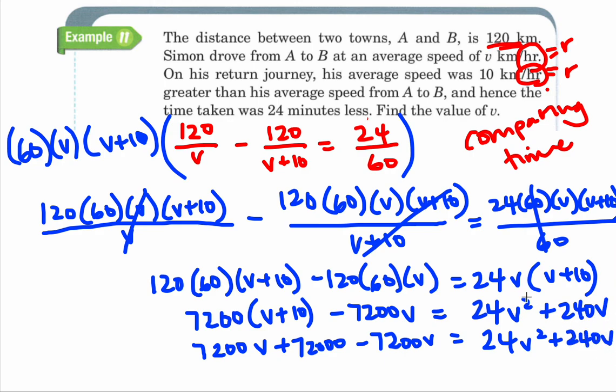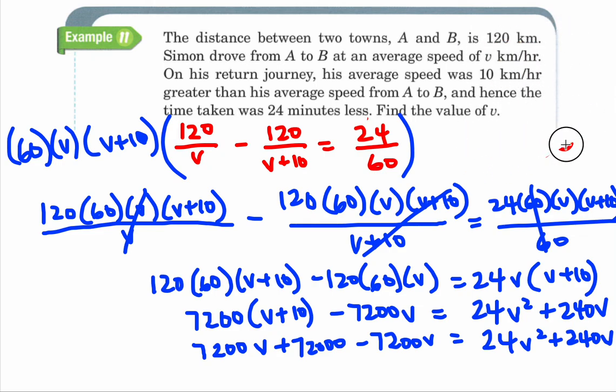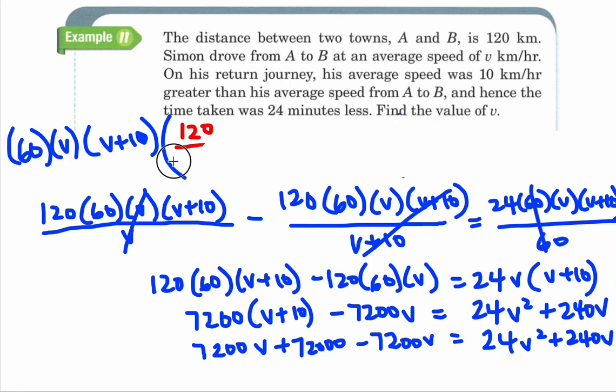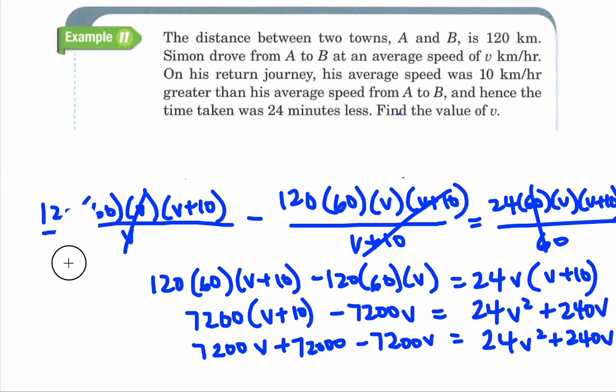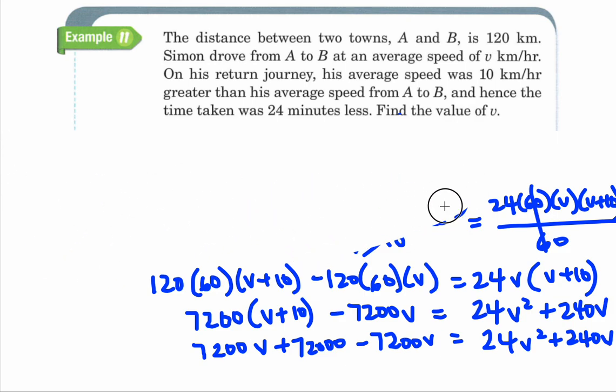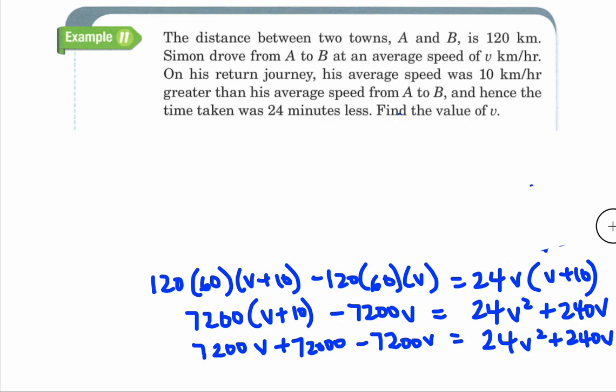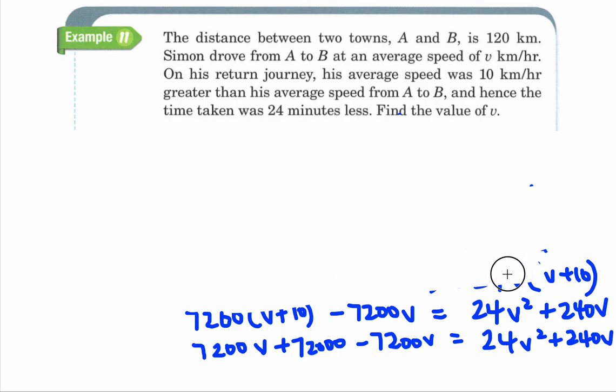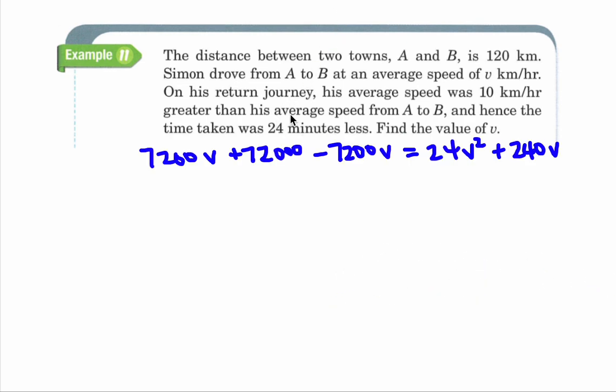Okay, let me clear up some space, so that we can do our work with tons of space. So it looks like I'm going to have to move some stuff around and combine like terms. All right, so this is what it looks like, all cleared off.